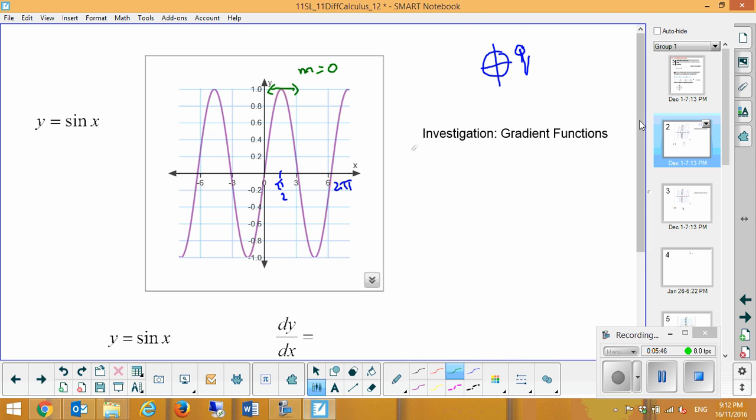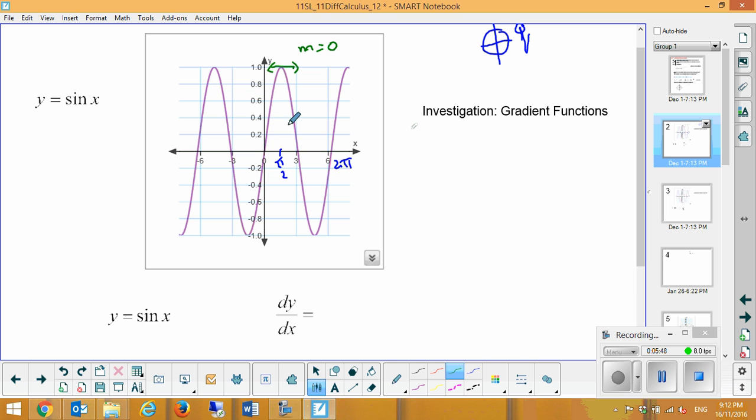So the slope of that graph is 0. Now if I draw on here my tangent function, f dash x, on the same graph, at this point we have a 0 tangent, the gradient of the tangent, so the derivative function is 0. Also down here it's 0.